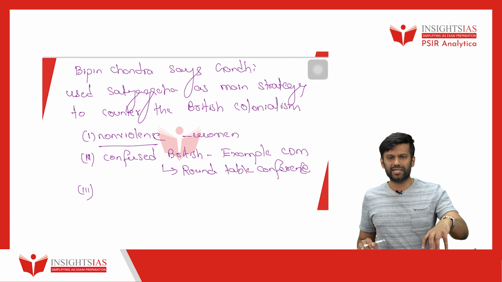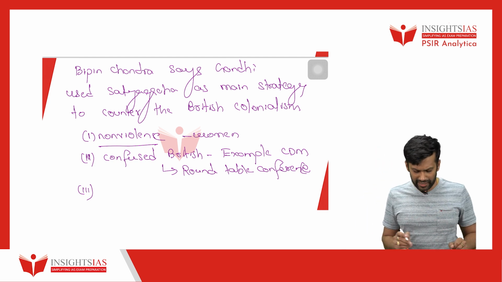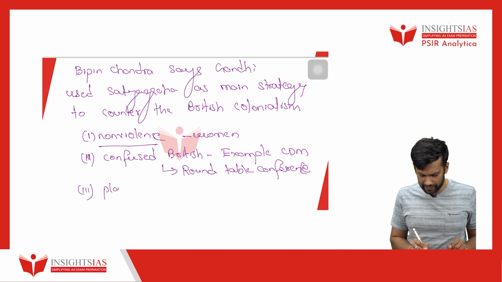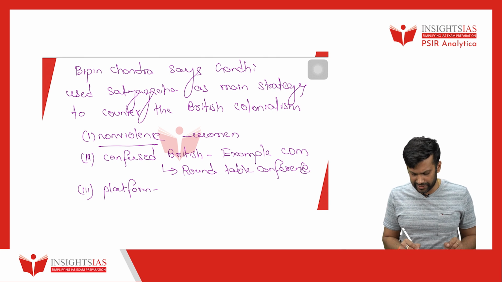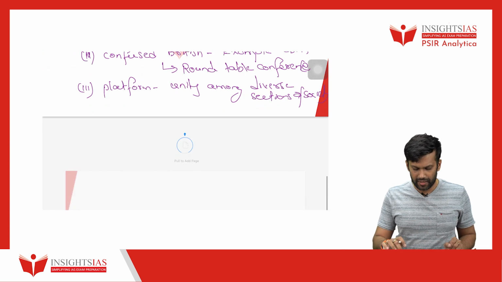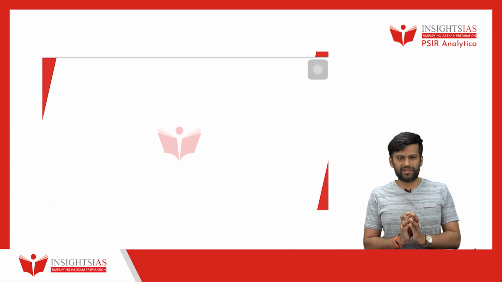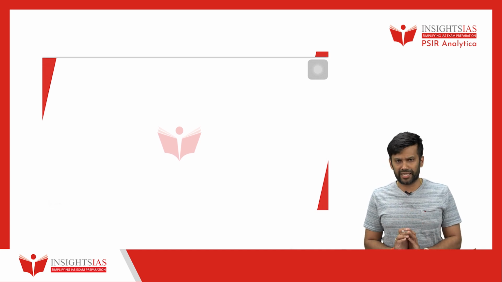There were peasants, workers, and capitalists. So Satyagraha gave a platform to form unity among diverse sections of society. These were the main advantages of Satyagraha as a strategy in the Indian national movement.